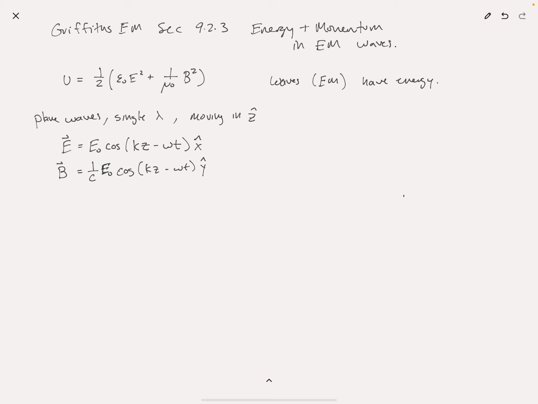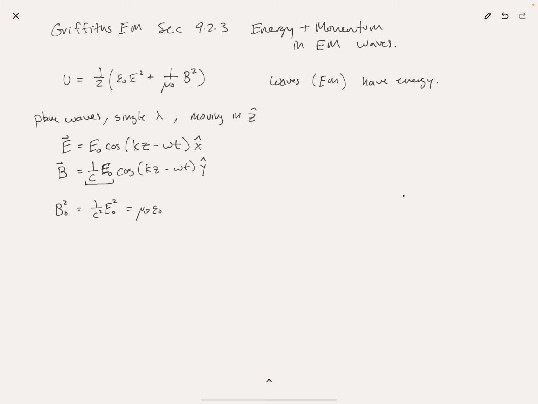Okay, so in this case, I know that my amplitude B0 is 1 over c times E0. I can square both sides of that expression, and that tells me that, well, 1 over c squared is related to mu naught epsilon naught.